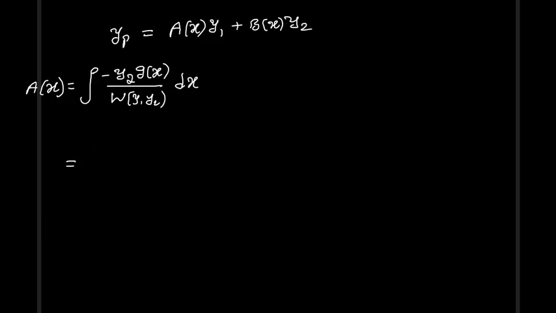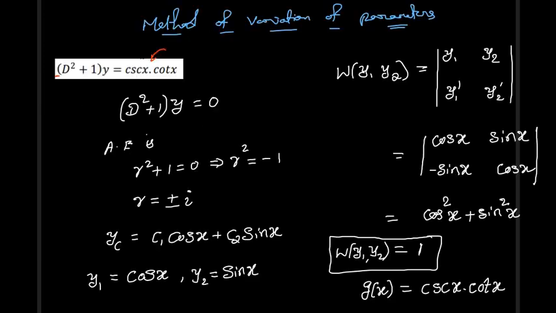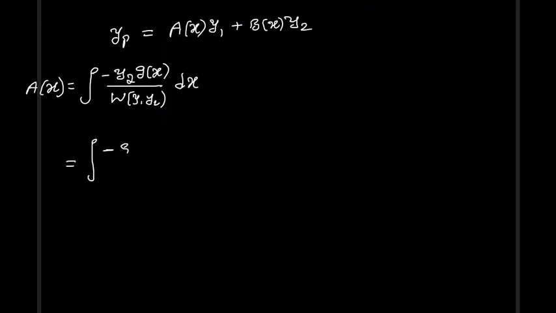So this will be the integral of minus y2, and our y2 is sin x, so we substitute that here: sin x into g of x, and g of x is nothing but cosecant x into cot x, over 1, because the Wronskian is 1.